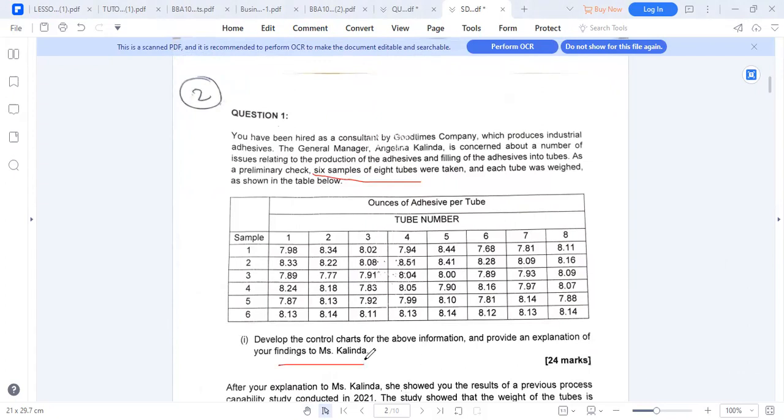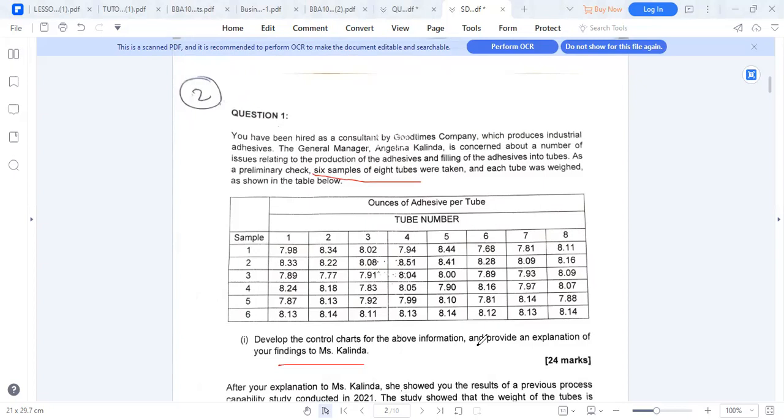Develop the control charts for the above information and provide an explanation of the findings to Miss Kalinda. All right, so there are 6 samples, and the standard deviation is not given here. So we need to find the mean. When the standard deviation is not known but the mean can be found, we can use the control charts here.